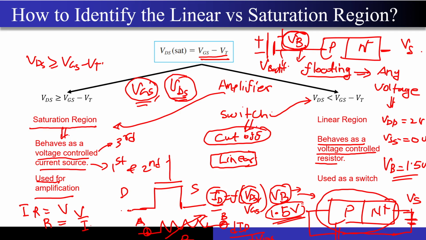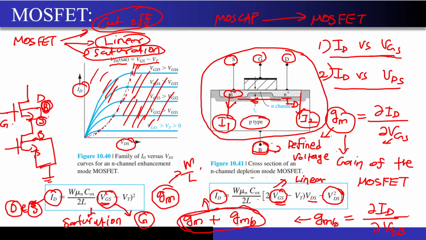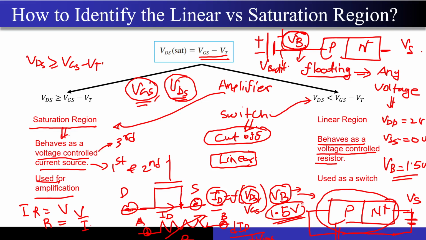If I apply a voltage between the drain and source, the current ID flowing should depend on VDS and VGS. You will use the equation I showed in the last slide, differentiate ID with respect to VDS, and you will get the value of the resistor. That resistance will be very small because the MOSFET is in the on condition.